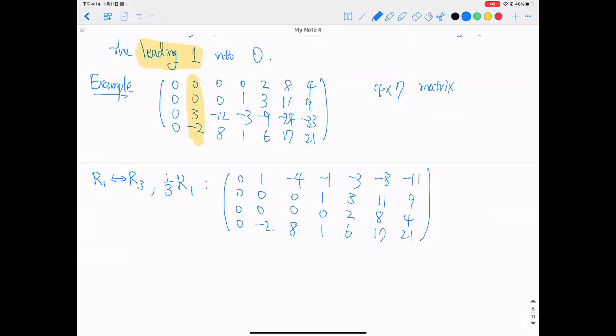Okay, so what happened is we switched row 1 and row 3, and then we rescaled the new row 1 by 1/3. Now this entry here is 1 now. It's the first non-zero entry. It appears in row 1, so very good.